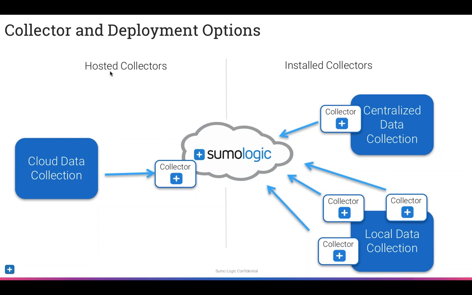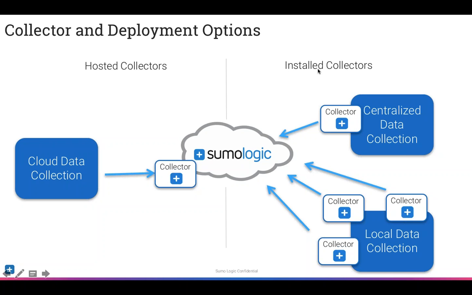Also, because there's no performance issues to consider, you can just configure as many S3 and HTTP sources as you like from a single hosted collector. So very, very versatile with very limited requirements for you to be considering.